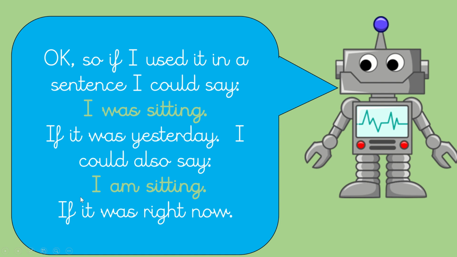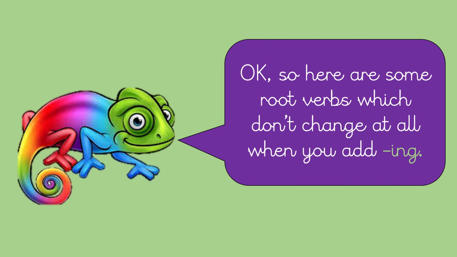And in the second sentence down here, it says I am sitting, so that's in the present, that's happening right now. So this one happened another time in the past, and this one is happening right now, but the verb is still the same. Can you see that? It's still happening. Right, let's see what Kathy's saying.